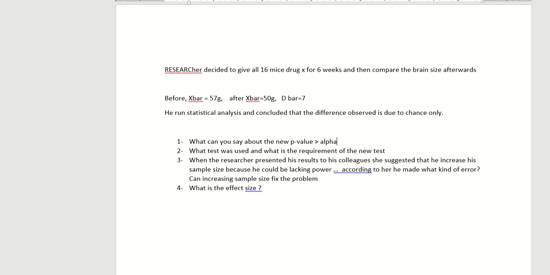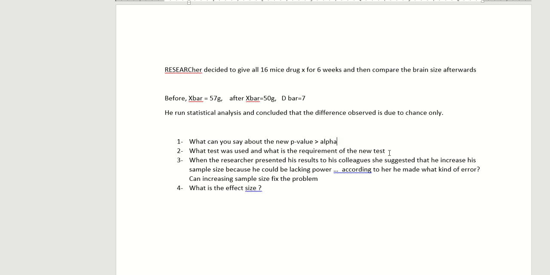Okay, what test was used and what is the requirement of the test? Actually, I kind of answered that question earlier on. Since you have the same mice tested before and after, and you're interested in a numerical outcome, which is the size, then this is the paired t-test. Now, what are the requirements of the paired t-test? Like the t-test, the sampling distribution of the variable of interest, which here is the difference, has to be normal.